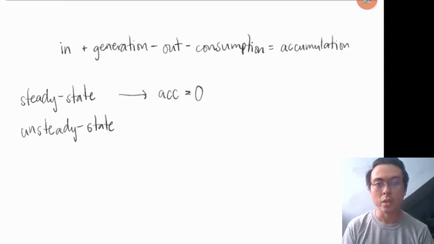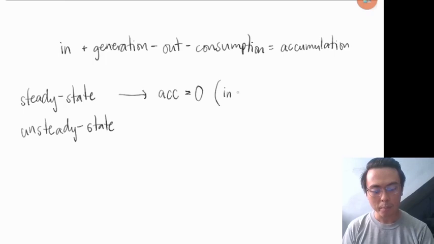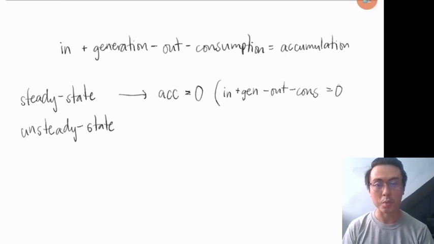There is no mass that is accumulating within the system. That means that your equation simplifies to just inputs plus generation minus output minus consumption equal to zero. If we are to rearrange this equation, you would get input plus generation equals output plus consumption.